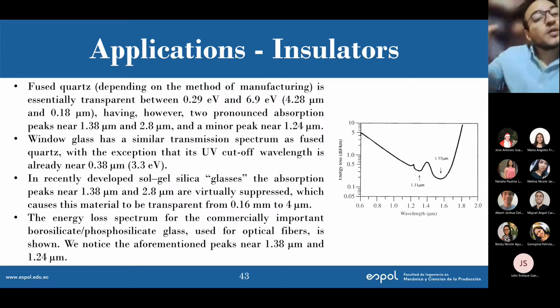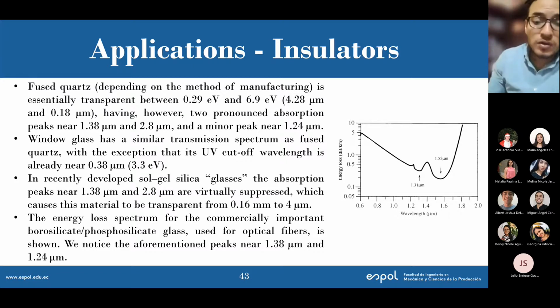Now, if you look at window glass, which is basically the same material with some impurities, you will have a similar transmission spectrum, but you will have a UV cutoff wavelength around 3.3 electron volts. Because it's a material that is not crystalline, you just have a cutoff there.